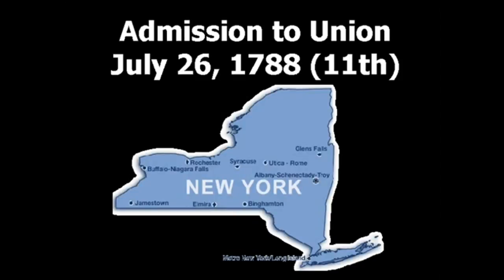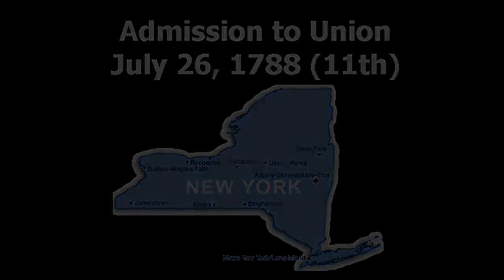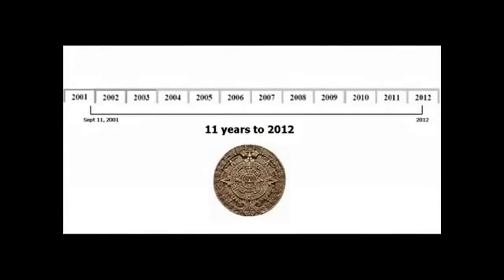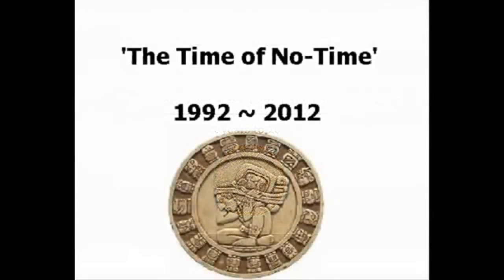Then you start thinking about where September the 11th stands as far as years are concerned. September the 11th, 2001 stands 11 years from 2012. And there's an author called Jose Arguelles. He wrote that 1992 to 2012 would be a period of no time, a transition of the ages in which world disasters and tension would be on the rise constantly.